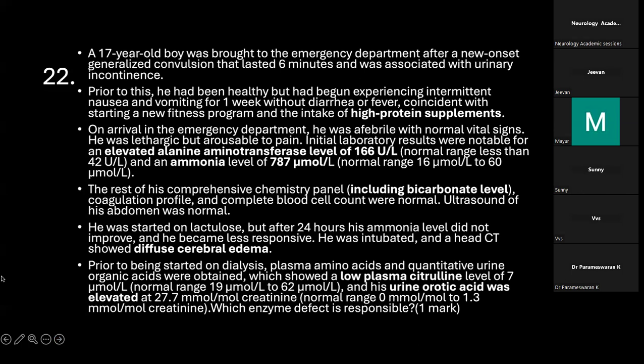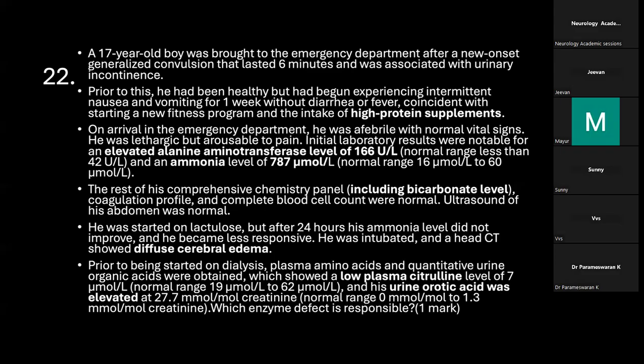Question number 22. A 17-year-old boy was brought to the emergency department after a new onset generalized convulsion that lasted for 6 minutes and was associated with urinary incontinence. Prior to this, he had been healthy but had just begun experiencing intermittent nausea and vomiting for 1 week without diarrhea or fever. It was coincident with starting a new fitness program and the intake of high protein supplements.